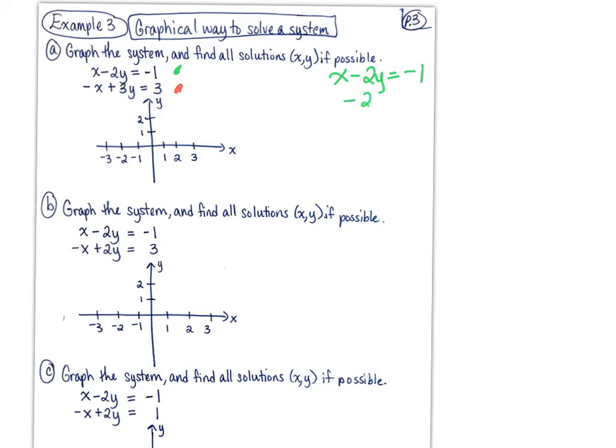So that's -2y equals negative x minus 1. Divide both sides by negative 2. That gives us y is equal to 1/2 x, and what's the rest?